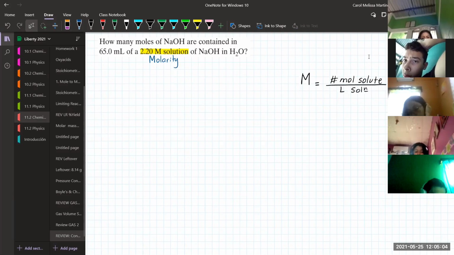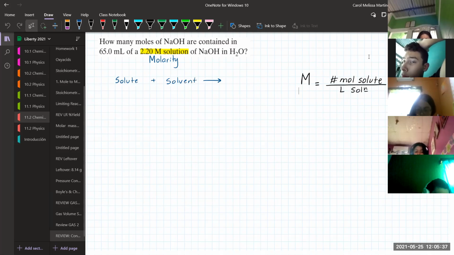It says how many moles of sodium hydroxide are contained in 65 milliliters of a 2.2 molar solution of sodium hydroxide in water. So again, first I write the equation for a solution. The equation is solute plus solvent gives me solution.